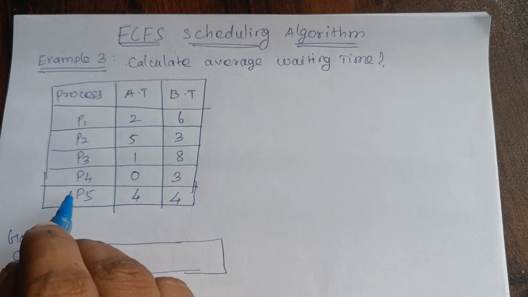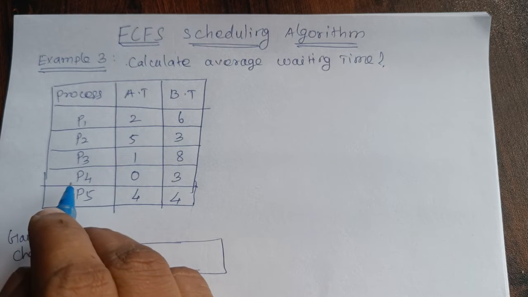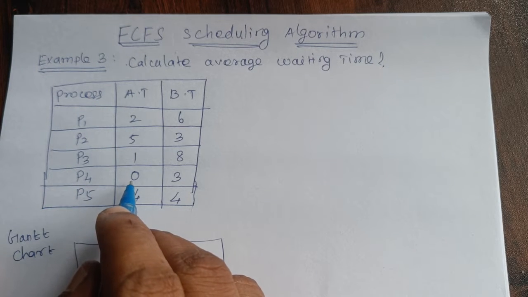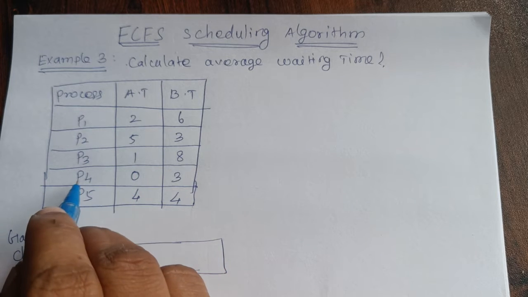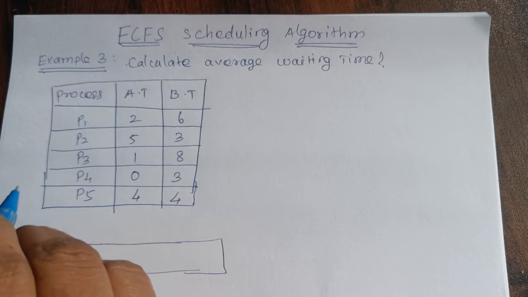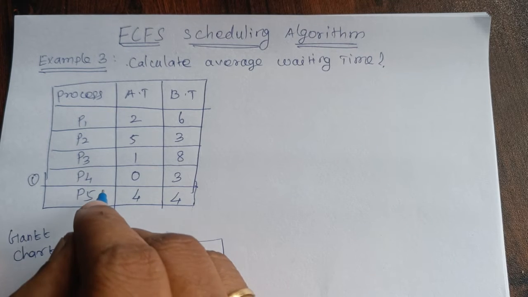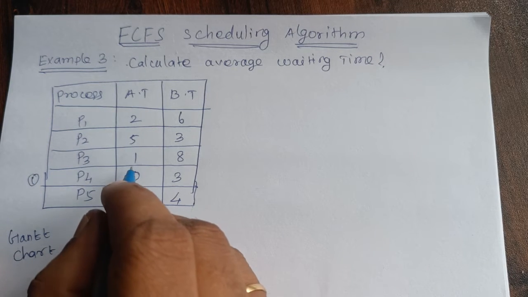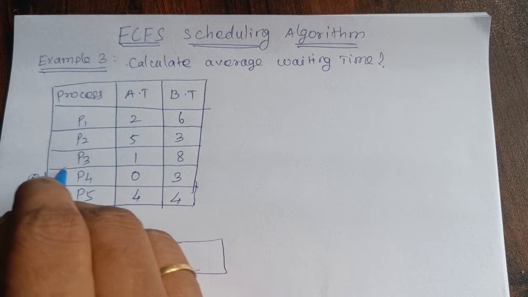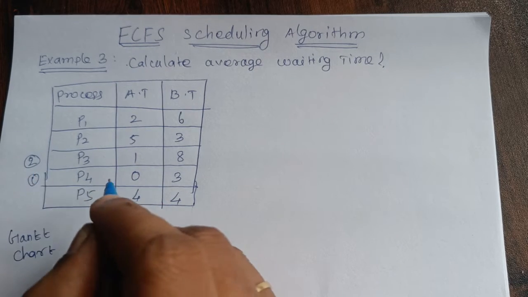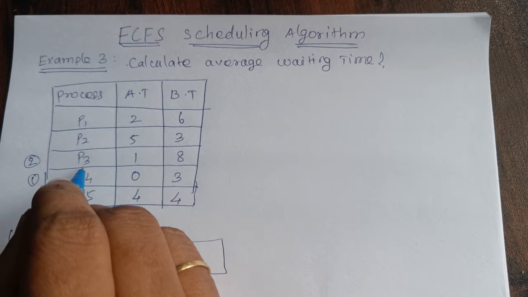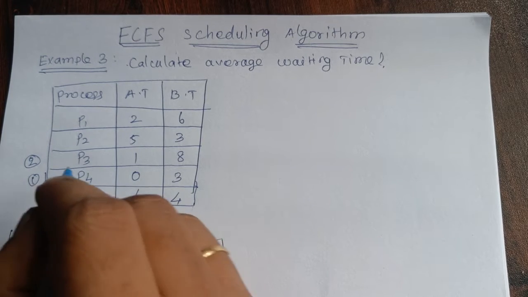So what is the minimum arrival time among all the processes? 0. Arrival time 0 belongs to process 4, so this will be executed first. Then what is the next minimum time? That is 1, assigned to process 3, so this will be executed second.